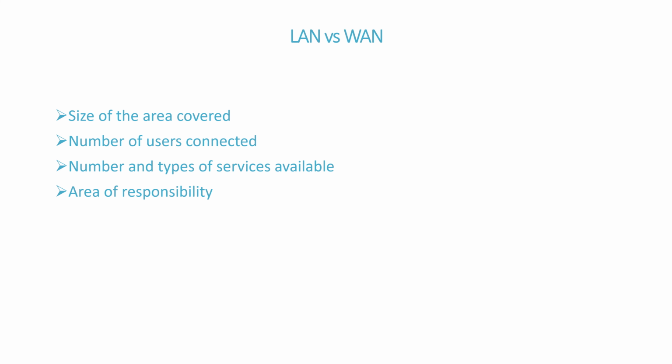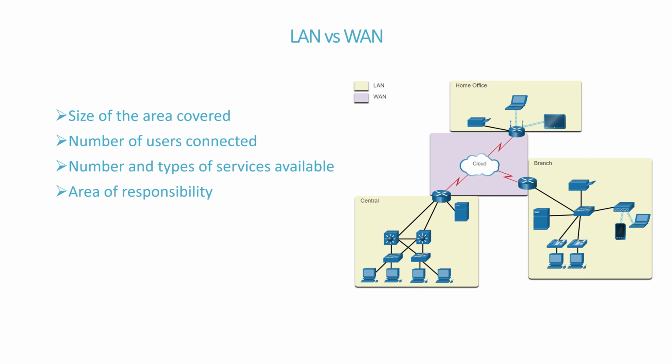In this case, you have to find what kind of server and software for the servers, and the area of responsibility. Based on those, you have two common types of network: local area network and wide area network, as shown in the picture.